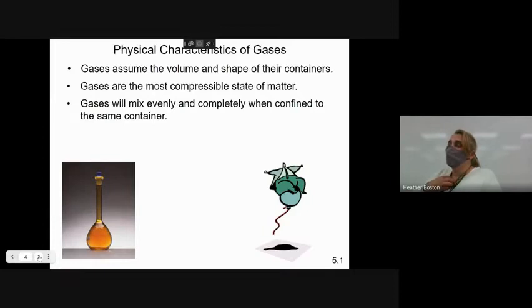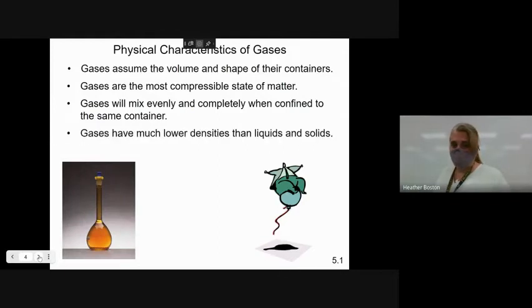So that's convenient for us, because you can walk into my room and be like, oh, geez, I hope Miss Boston has oxygen today. You know that there's going to be oxygen in any room that you go into to breathe, which is super important. And they're the lowest density of all of the states of matter.